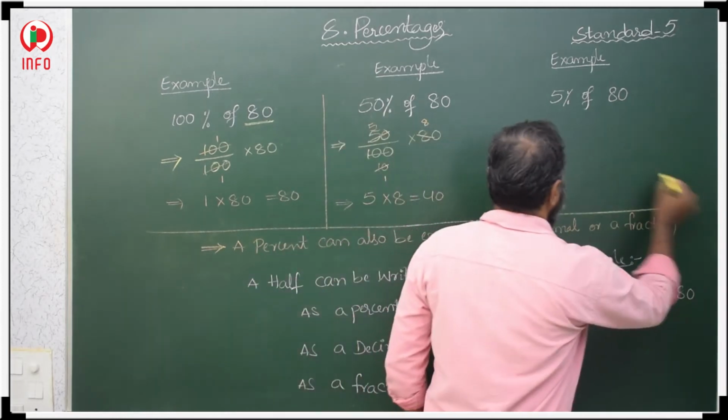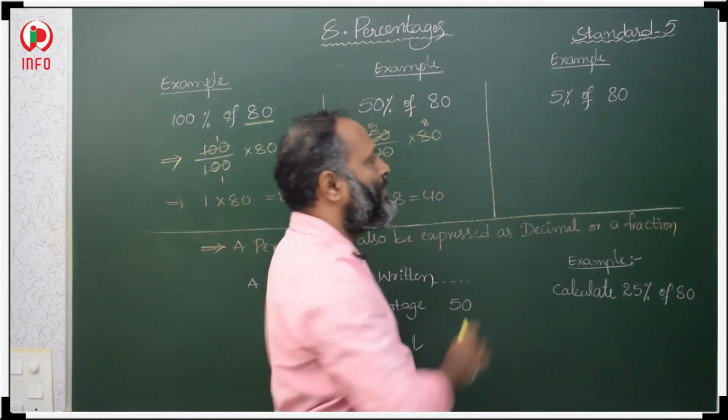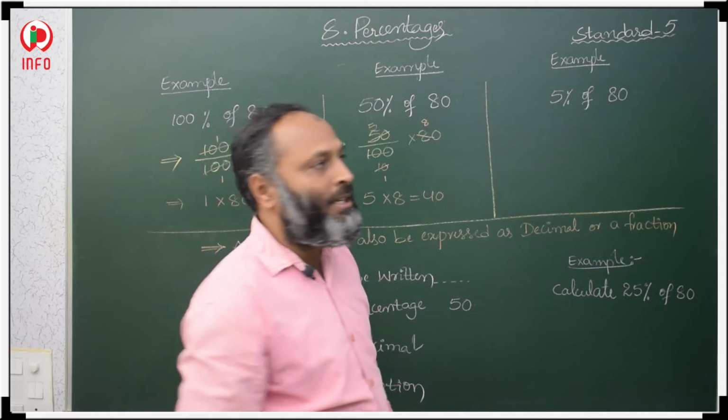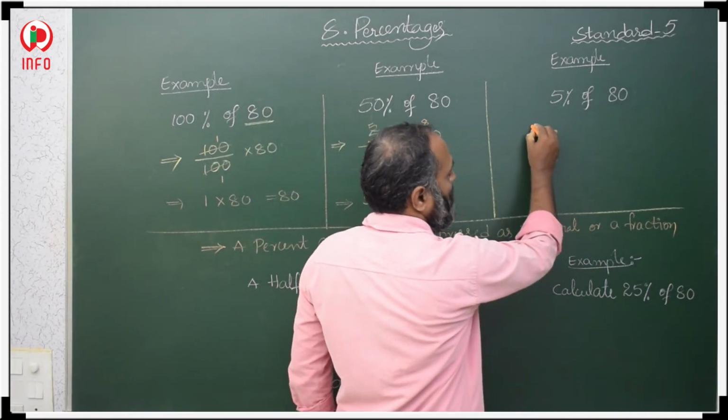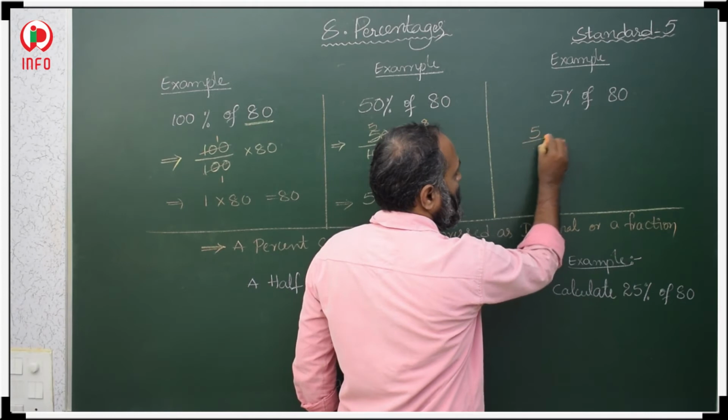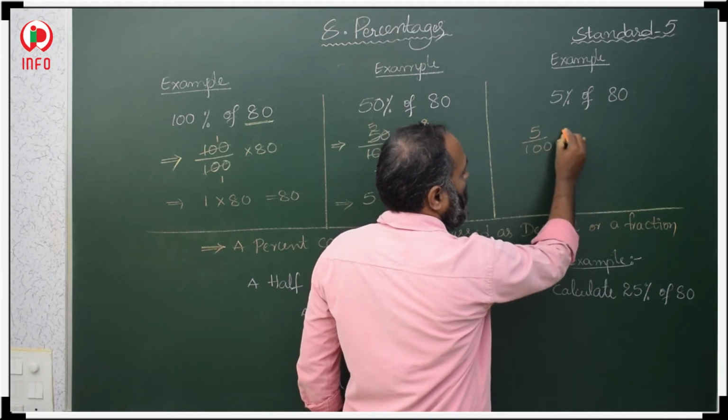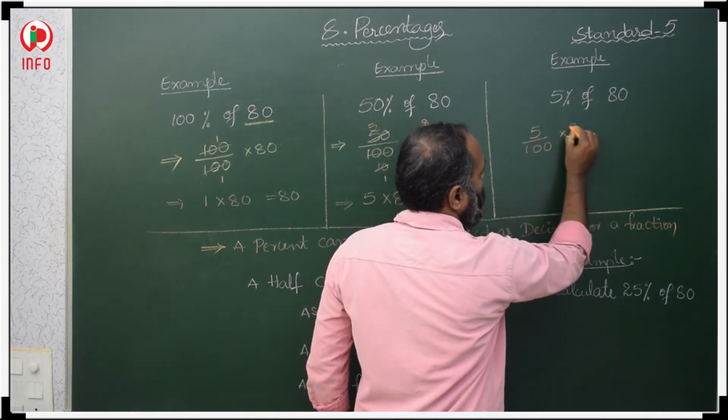Now, 5% of 80 grids, how many grids is it? 5% means the given percentage by the total percentage, into 80.